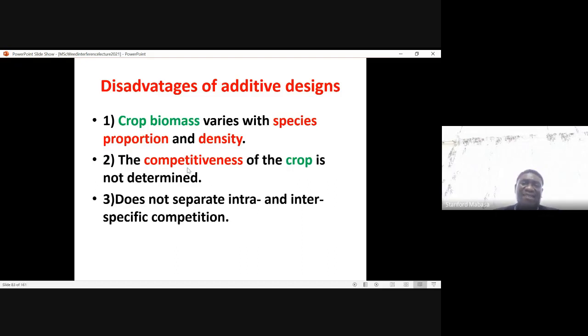That is intraspecific competition. Then you have competition between the weeds and the crop, which is interspecific competition. This additive design does not separate the two, and also it becomes a problem.